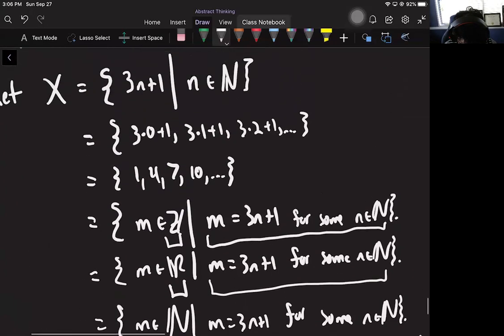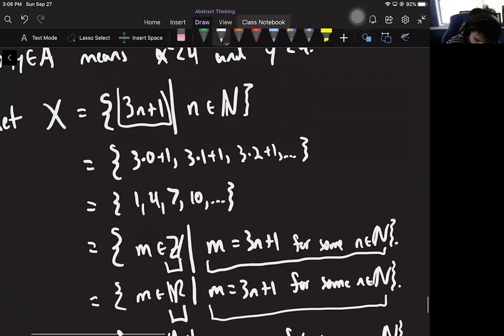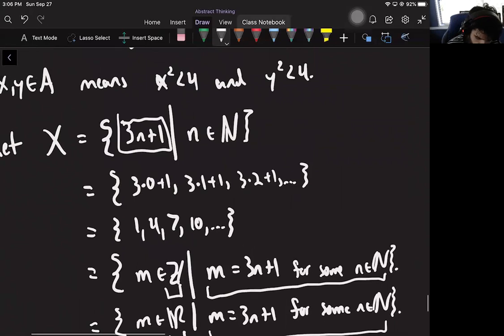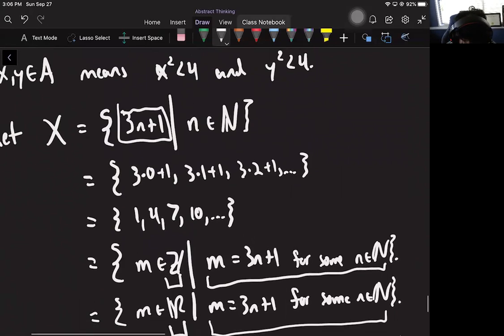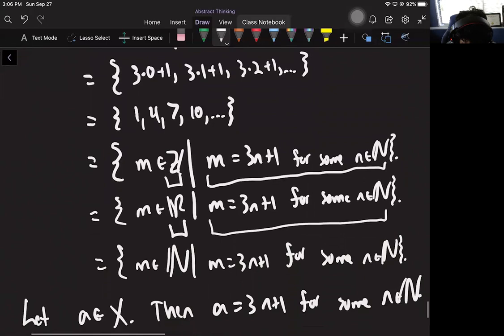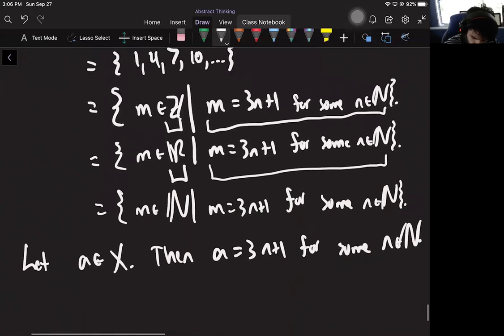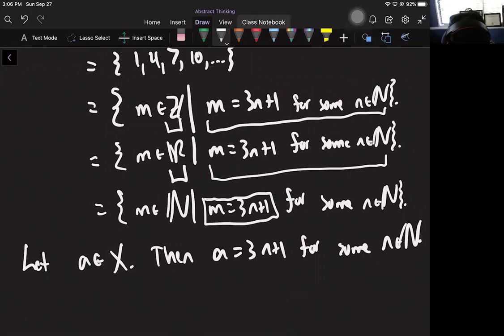And I could have said that way up here, even though I wrote it in a much quicker way. I didn't say X equals there, but that is still telling me what elements look like. So if I have an element in here, I can just say it looks like 3n plus 1 without needing to explicitly use an equation in the property.